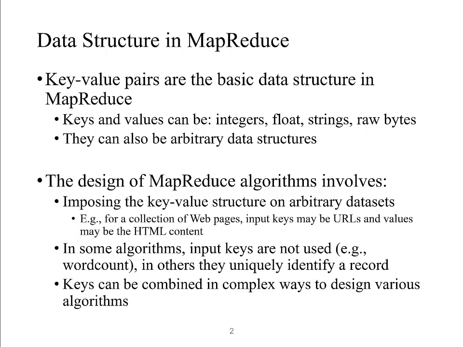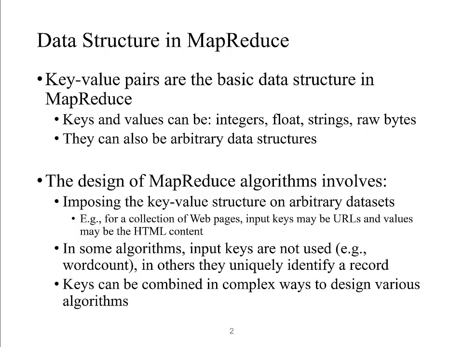So here the key and values can be integers or float or strings or raw bytes or even other arbitrary data structures. So the design of MapReduce algorithms is all about key value pairs to some extent.